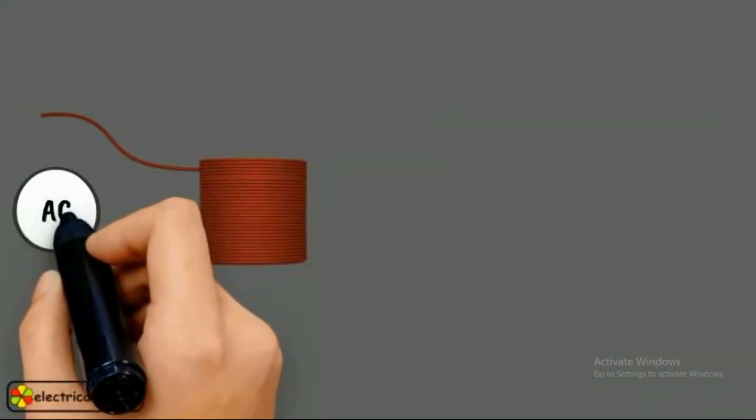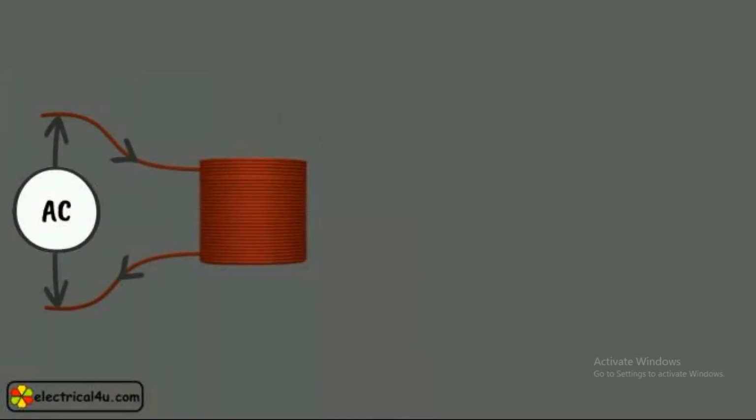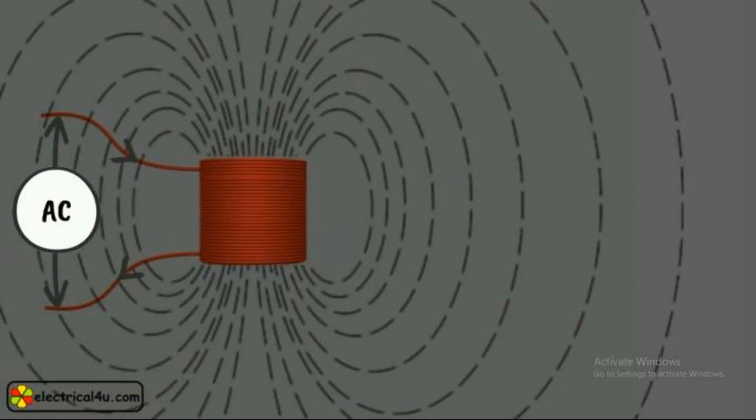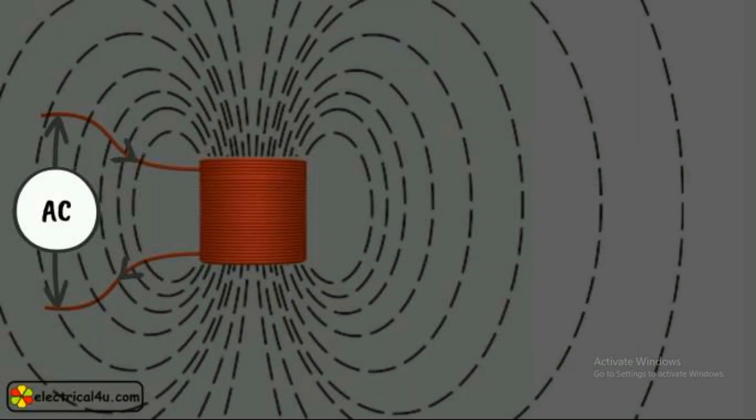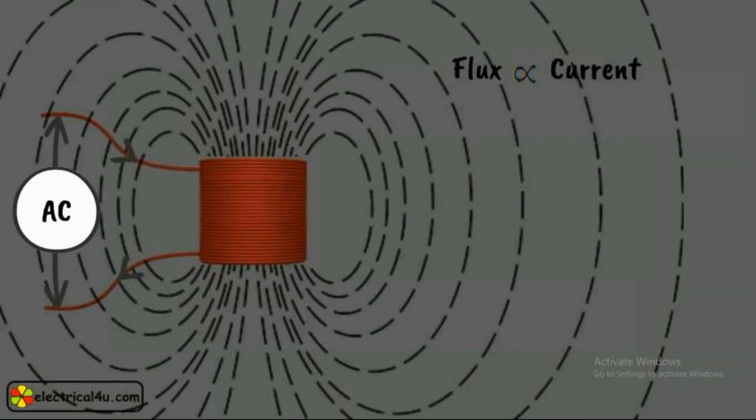When an alternating current is allowed to flow through any of the windings, there will be an alternating flux produced surrounding the winding. The magnitude of this flux is proportional to the magnitude of the current flowing through the winding. The direction of the flux is according to the direction of current.